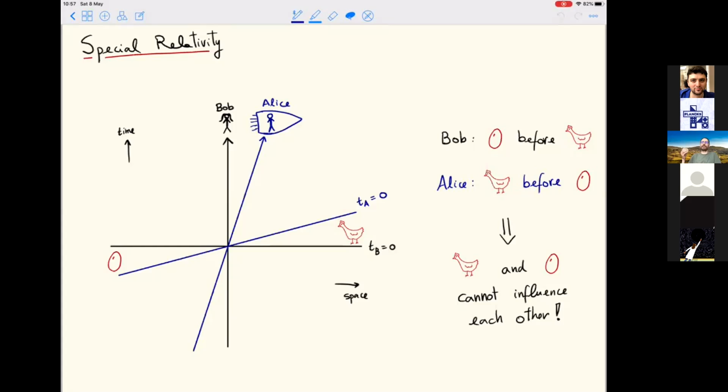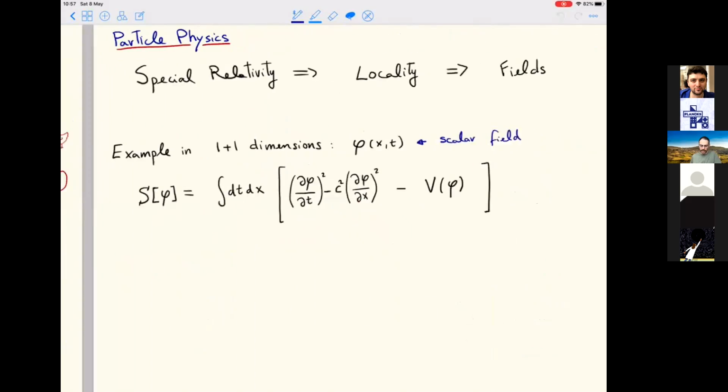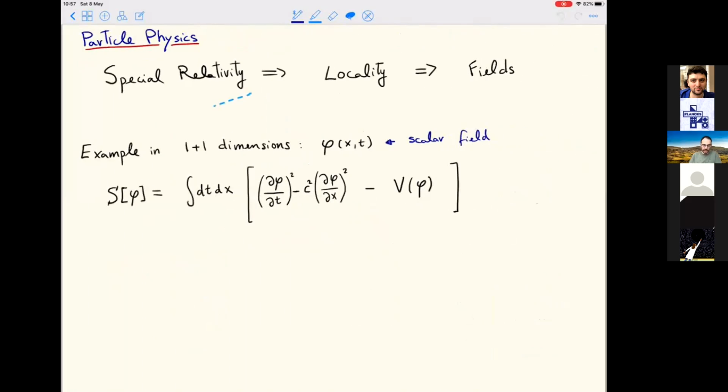It's just the electric field changes. There's a wave in the electric field that moves at the speed of light that changes the force, but it takes time, the speed of light, to get there. So that's the basic idea, that relativity leads to locality. You need the interactions to be local and not action at a distance. And the way to represent that in physics is to use fields.